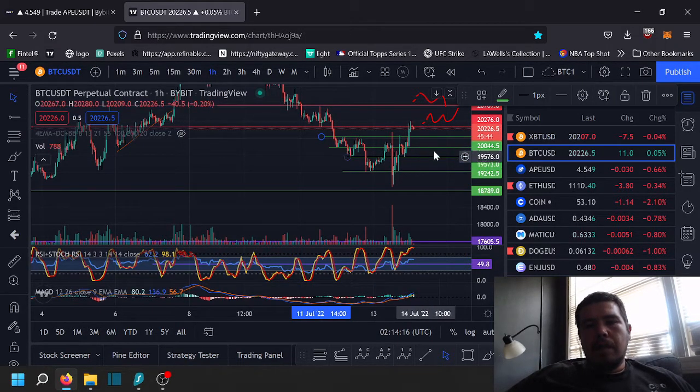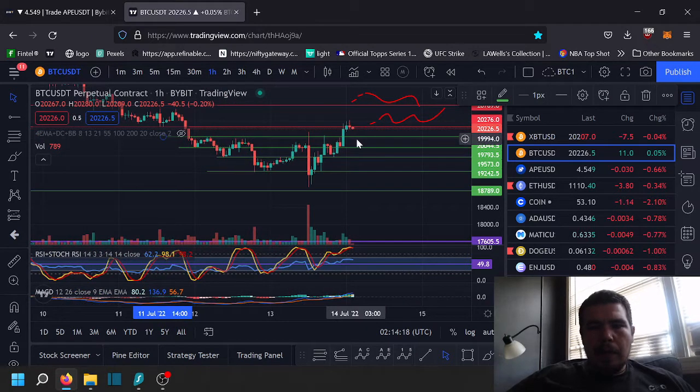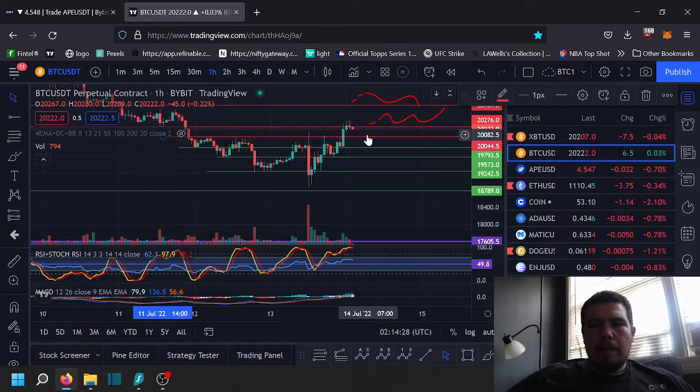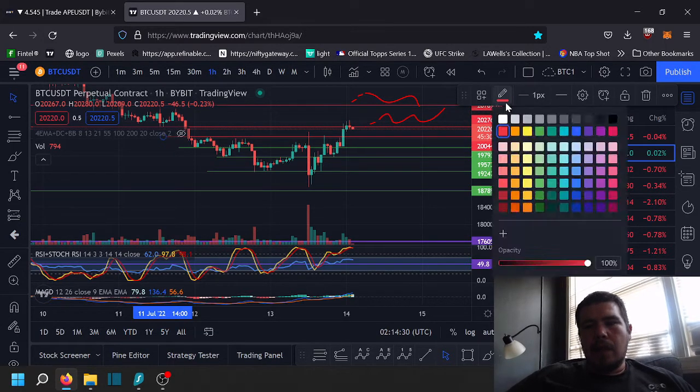So again, if we break below this 20,000, then that becomes resistance, right? If we break below here, I will change that to red. But we didn't. So I'm gonna leave that green for now, and we'll check in tomorrow.